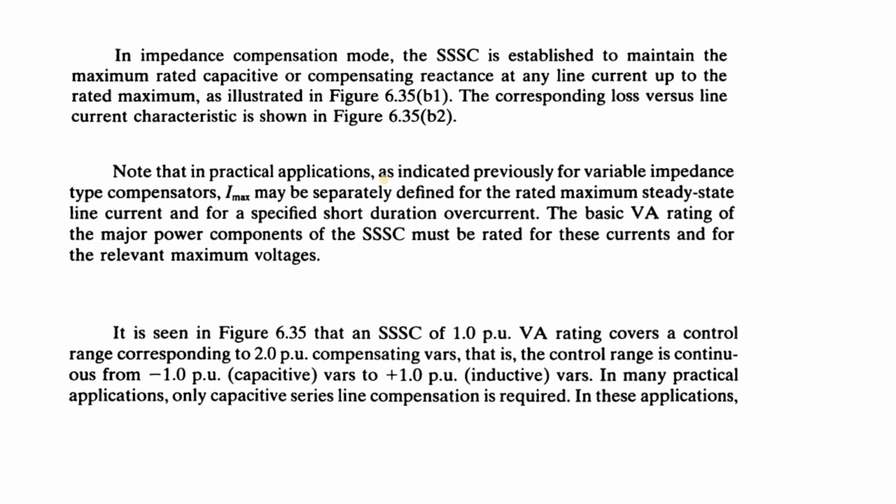So in many practical applications, only capacitive series line compensation is required, and the inductive series is not used. Because it is a static series synchronous condenser, both capacitive and inductive effects would be there in series, but only the capacitive effect is considered.